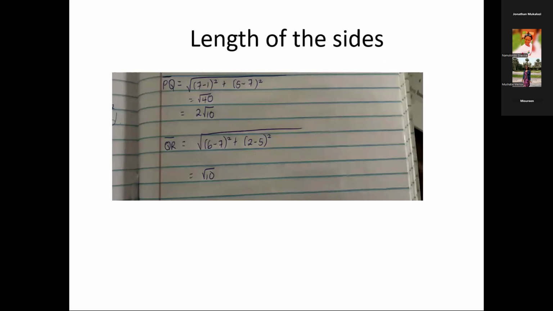Then I went ahead and calculated the lengths of the sides, PQ and QR, to show that they are not equal. Because if we just stop at the step before, it could be any quadrilateral, could be a square actually, because even squares have opposite sides that are parallel and adjacent sides perpendicular. So the length PQ gave us 2 root 10 and the length QR gave us root 10.